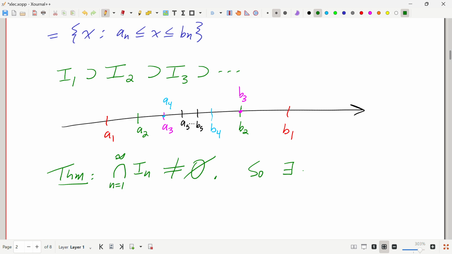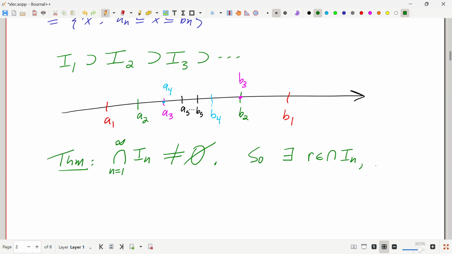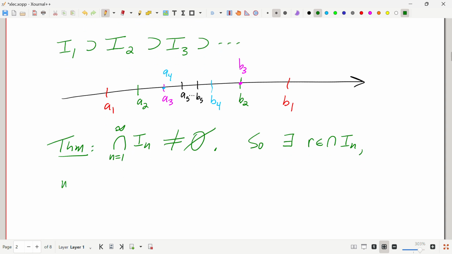There exists an R in that intersection, meaning that there's an R that's in all of them. There is an R such that R is in each I_n for all n.